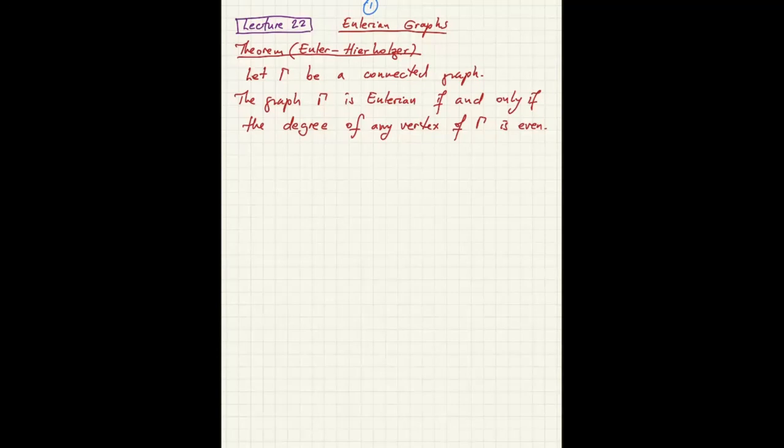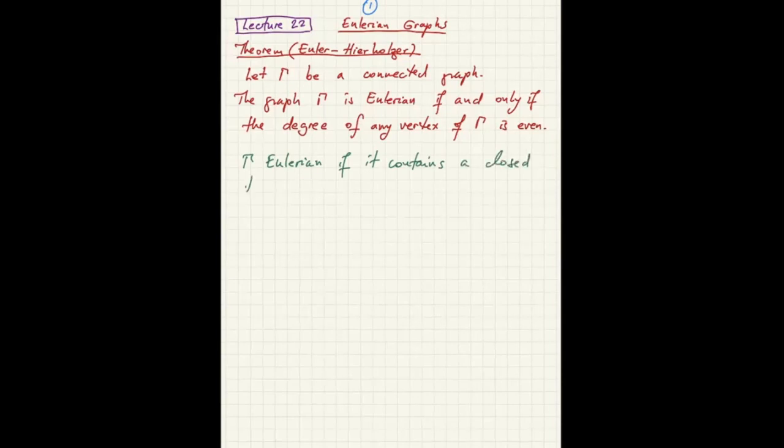So as you recall, last time we proved this theorem that states that if gamma is a connected graph, then gamma is Eulerian if and only if the degree of every vertex is even. And as you may recall, we have this definition that gamma is called Eulerian if it contains a closed trail that contains each edge of gamma.